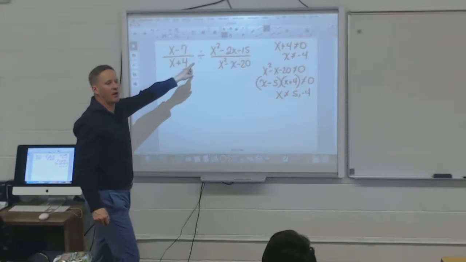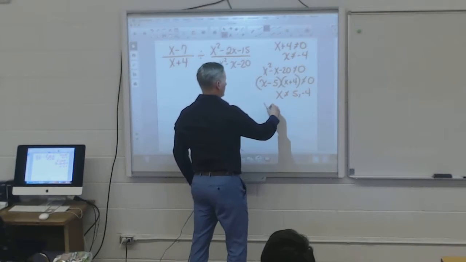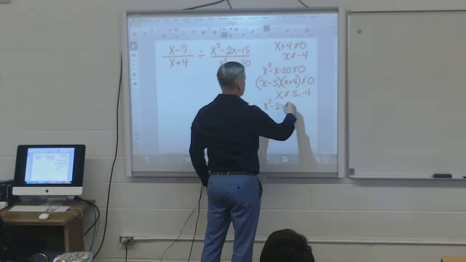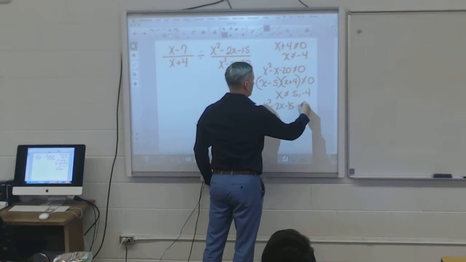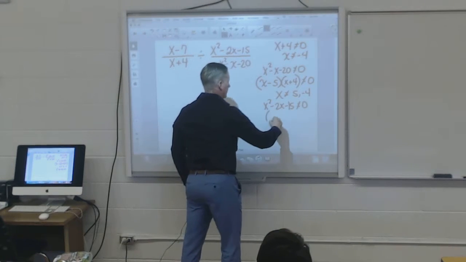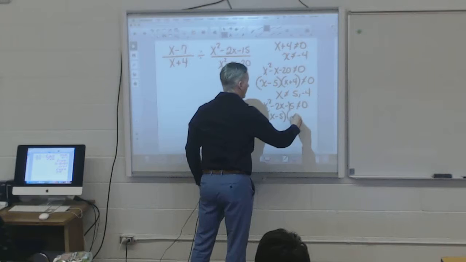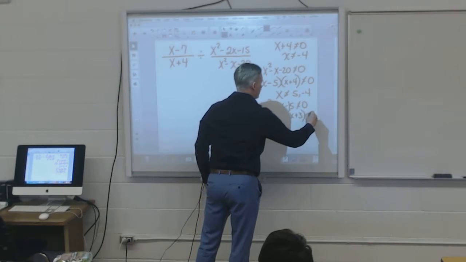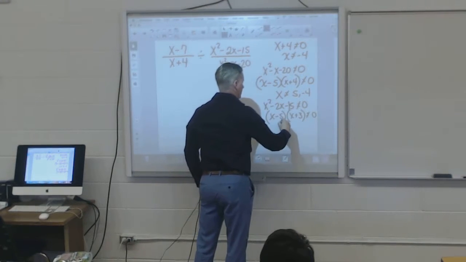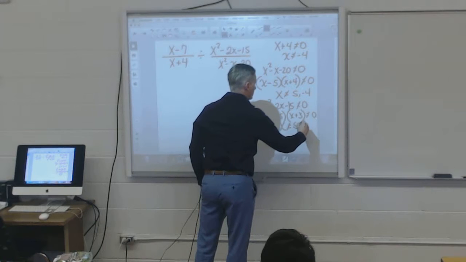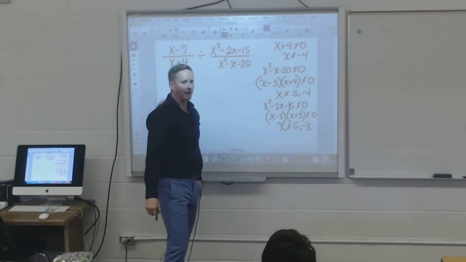Now I've got to look at the top part here and do the same thing. X squared minus 2x minus 15 can't equal 0. X minus 5, x plus 3 can't equal 0. X can't equal 5 and negative 3.